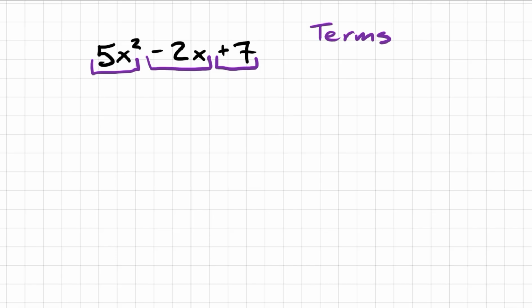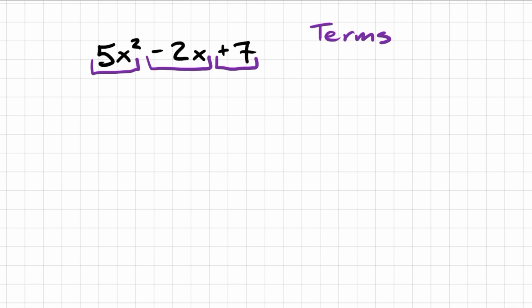So notice how there's plus and minuses between each of these. So the terms include 5x squared, negative 2x, and 7, okay? Those are what we call terms, each of the individual parts that are getting added and or subtracted from the expression in its entirety, okay?